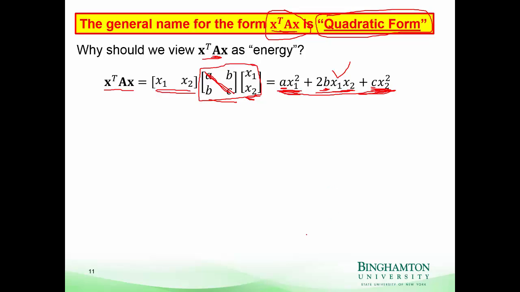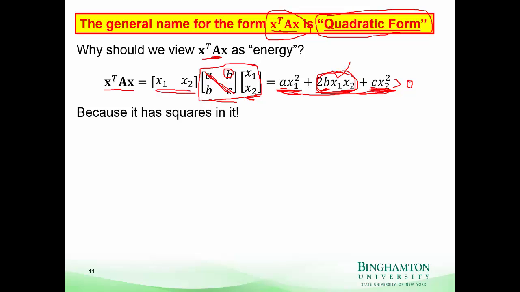So this term here has the potential to be negative. And what we're looking for are matrices with B's relative to A and C such that this middle term can never be so negative for any x vector that we put in that it will make this result go negative. So we're aiming to make this result always greater than 0.